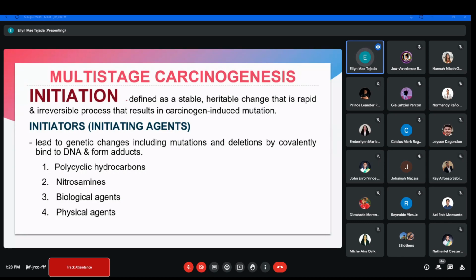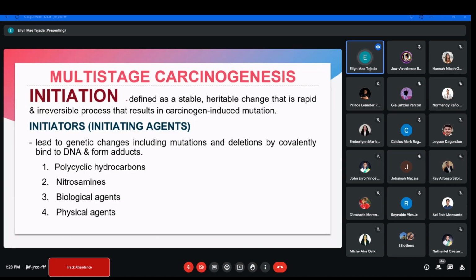Now, under this one, there are chemical examples that serve as initiating agents. This includes polycyclic hydrocarbons, nitrosamines, biological agents, and physical agents.